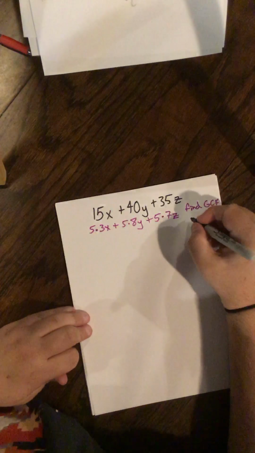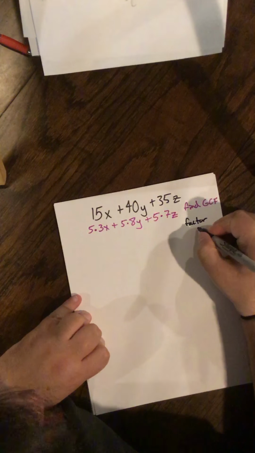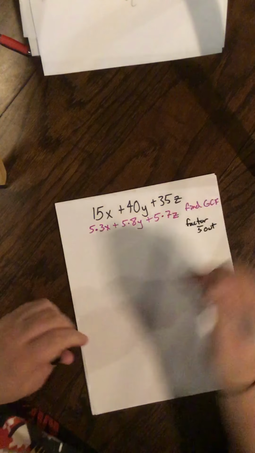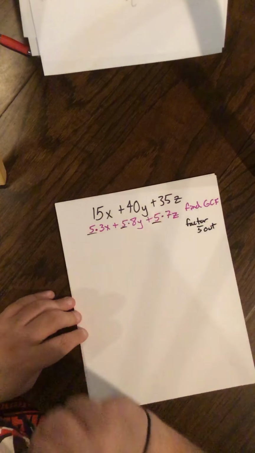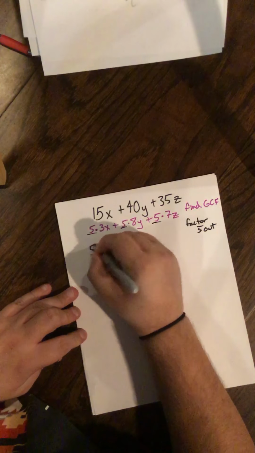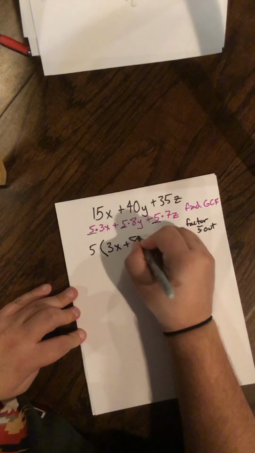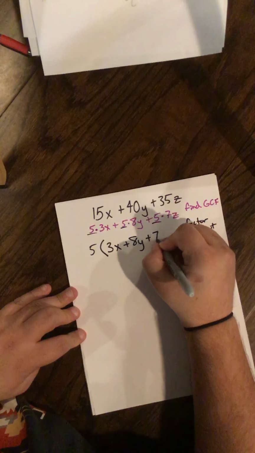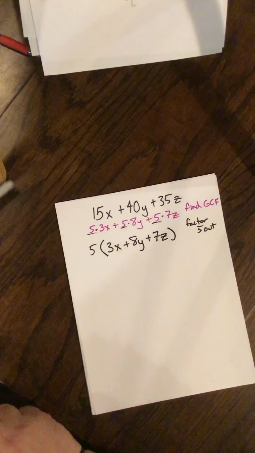And now I'm just going to factor the 5 out. We're going to take these 5s and factor them out, put them in front of parentheses. So you're going to get 5, parentheses, 3x plus 8y plus 7z, and there is your factored form.